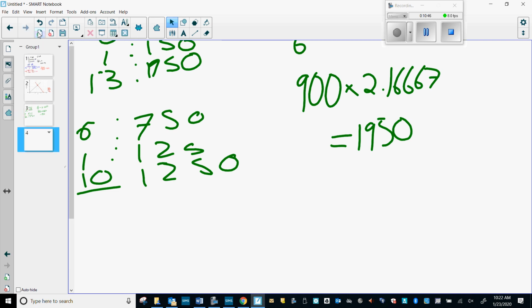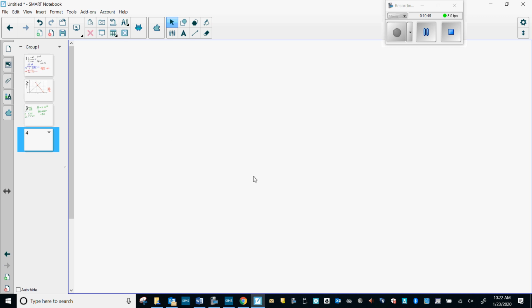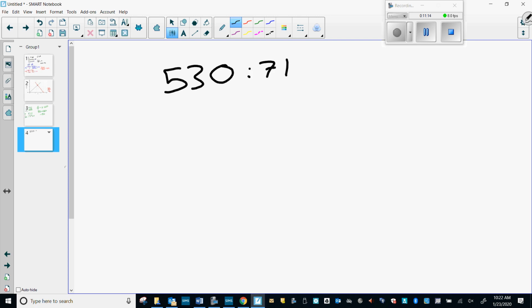Next one. The weekly rent for a holiday apartment is £350, which is the same as 530 euros. The weekly rent for a holiday cottage is £750. So what I did is put 530 in a ratio with 350, and then I divided them both by 350 to see what £1 was equivalent to in euros.